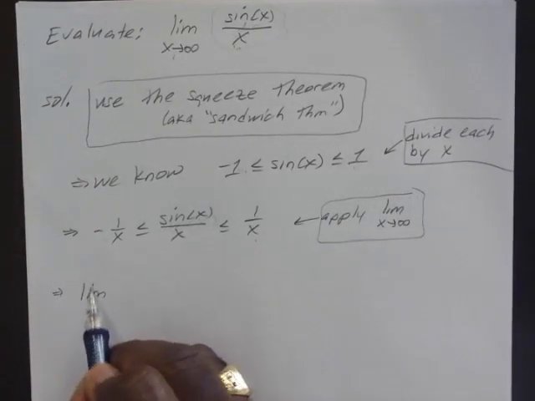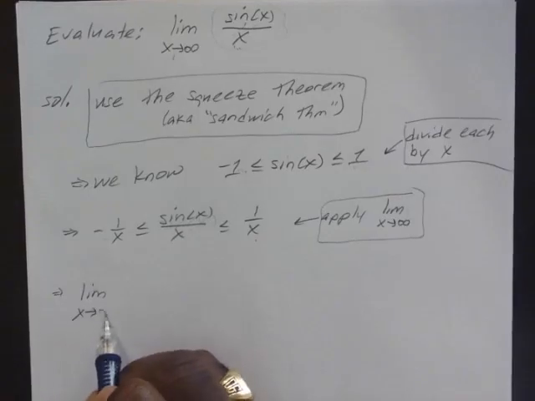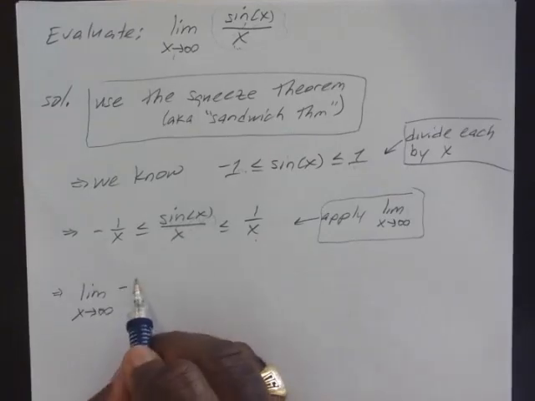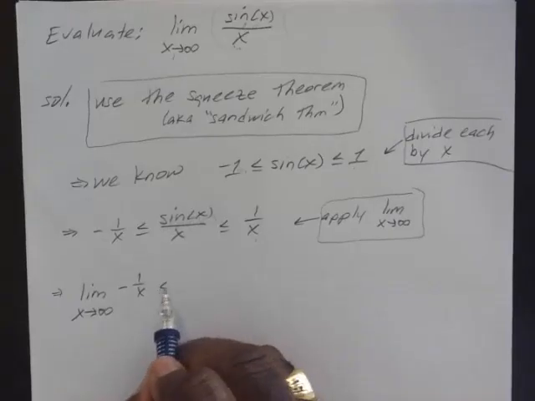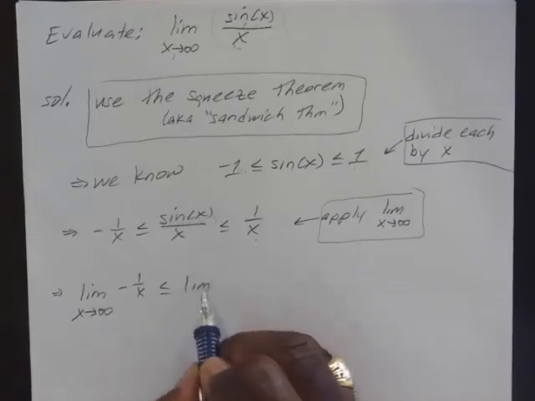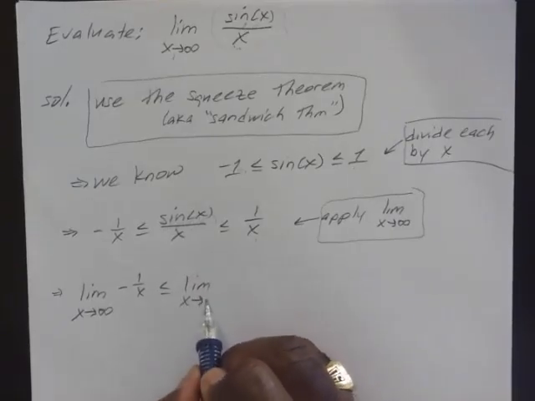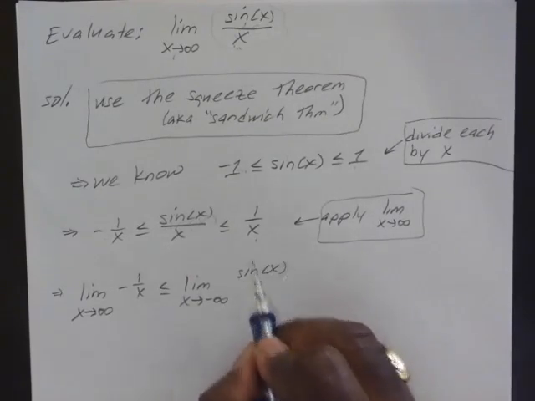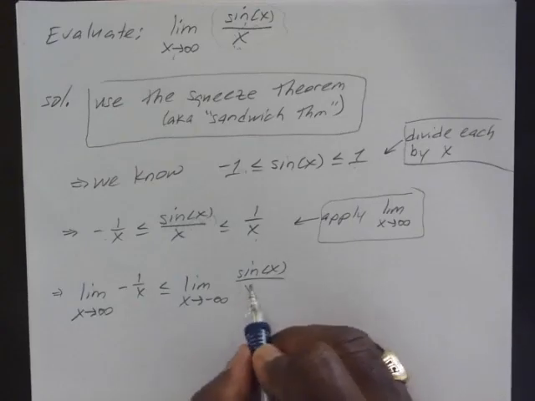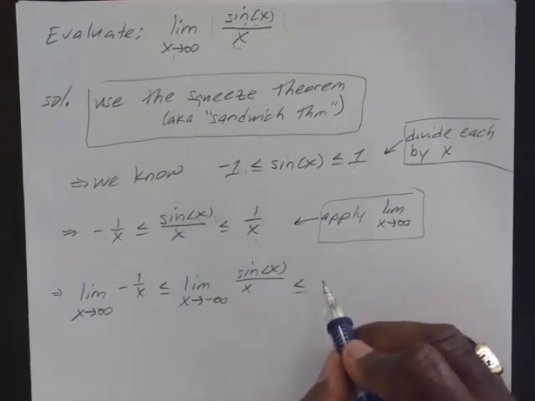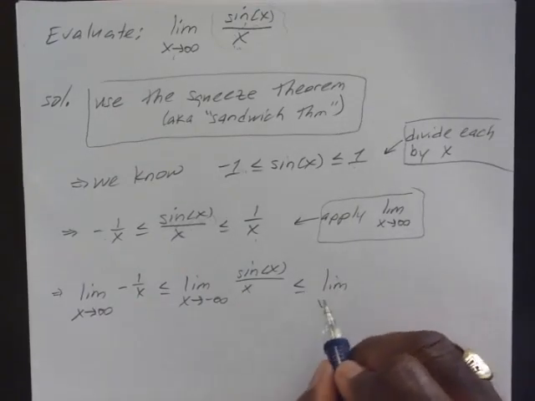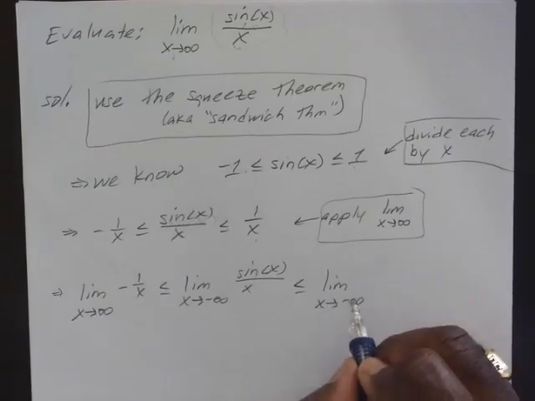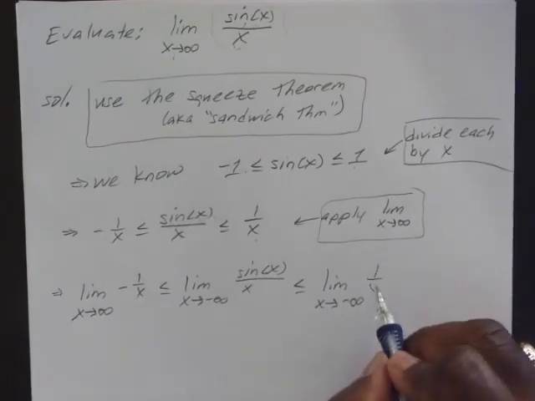So we have the limit as x approaches infinity of -1 over x, which is less than or equal to the limit as x approaches infinity of sine of x over x, which is less than or equal to the limit as x approaches infinity of 1 over x.